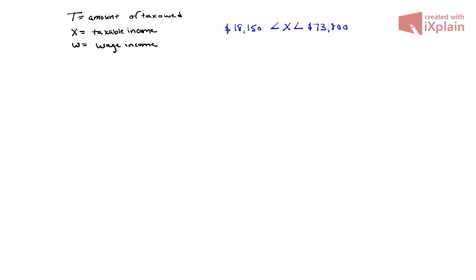If you were to cover up the $18,150, we're saying that our taxable income, or X, has to be less than $73,800. If you cover it up in the other direction, it's saying that $18,150 has to be less than X. If you flip that and reverse it, we would say that our taxable income has to be greater than that amount. So basically I'm saying the same thing, just in two different ways.